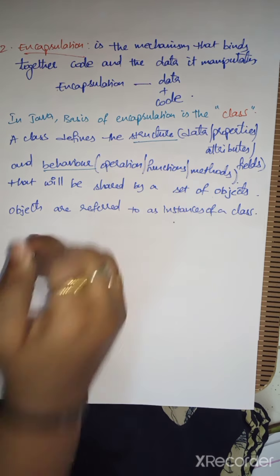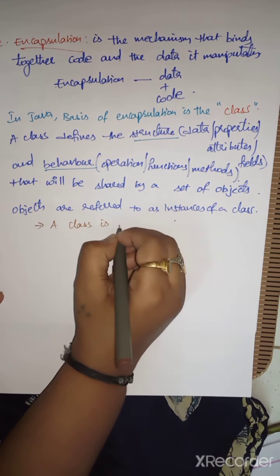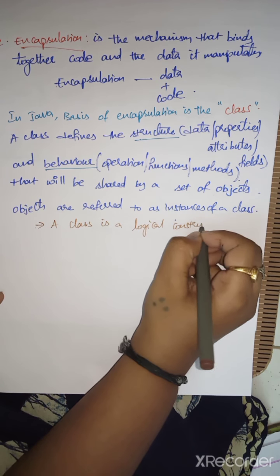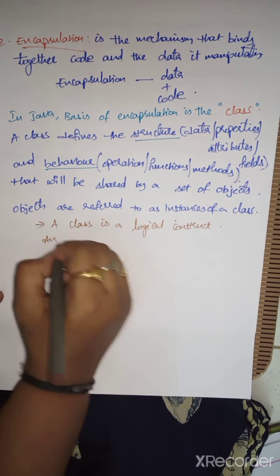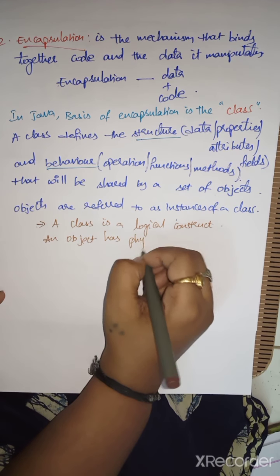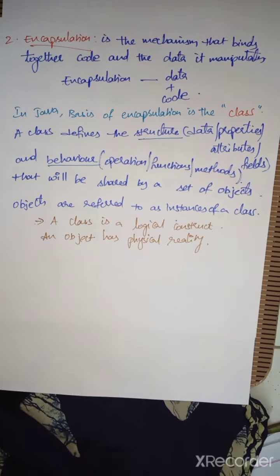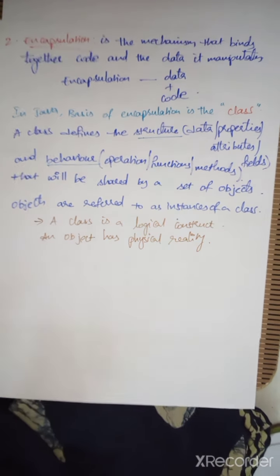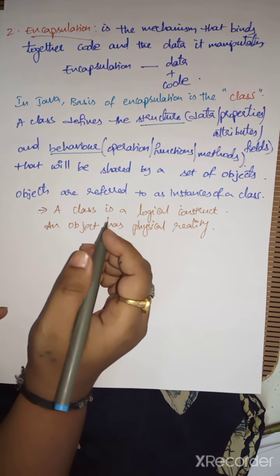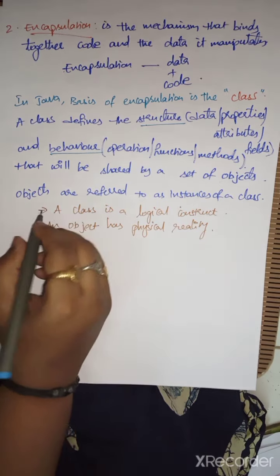Now, you need to remember these two points here. A class is a logical construct. It's a logical entity. Whereas an object has physical reality. So, a class is created with data and code. These elements are called members of the class.